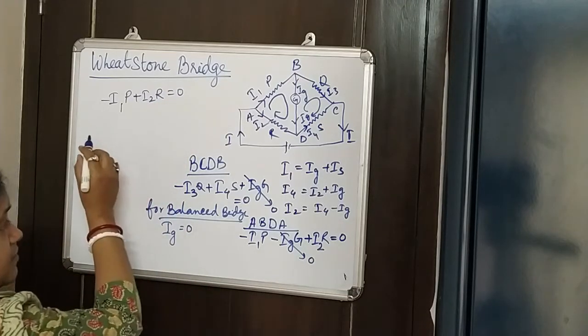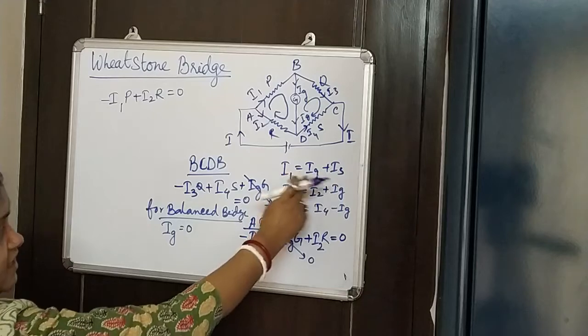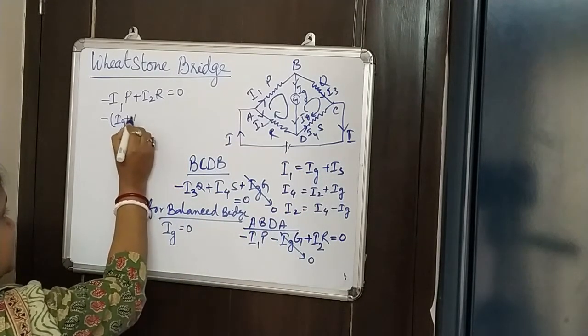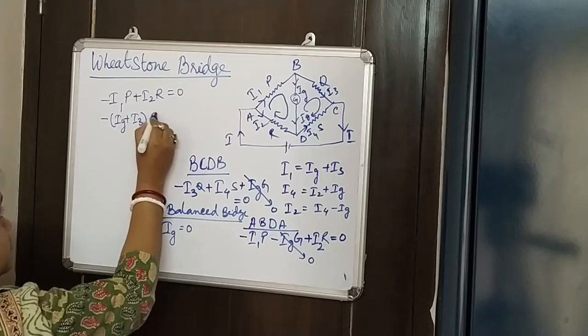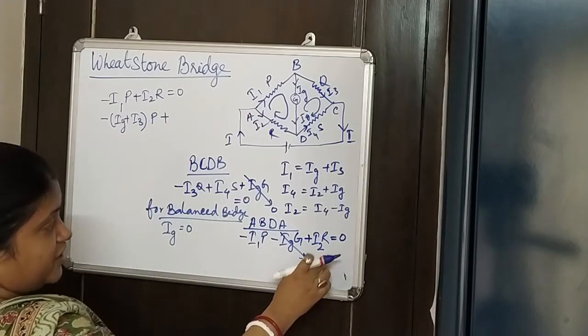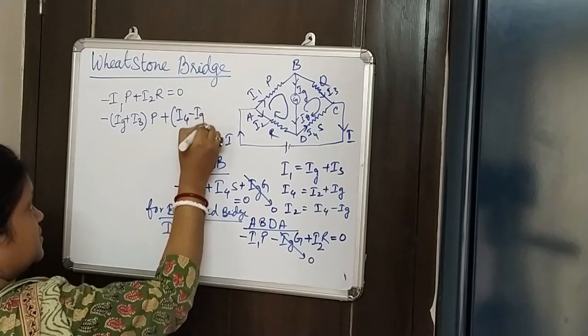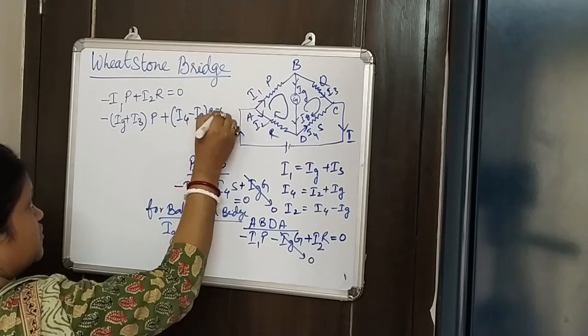In place of I1, I can write Ig plus I3, into P, plus in place of I2 I can write I4 minus Ig, into R, is equal to 0.